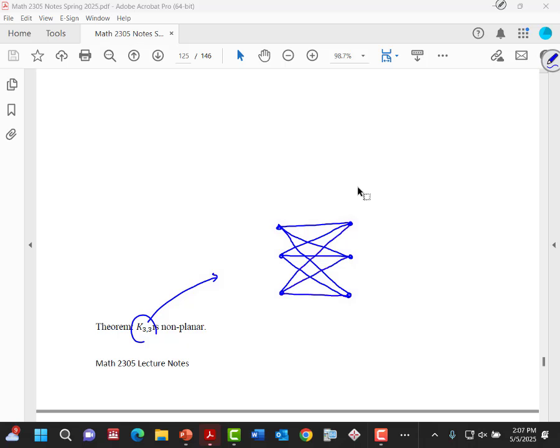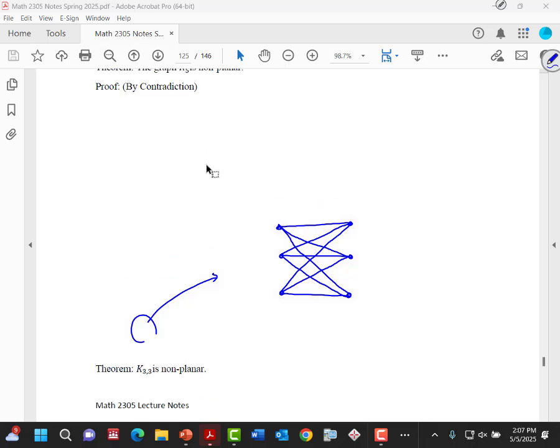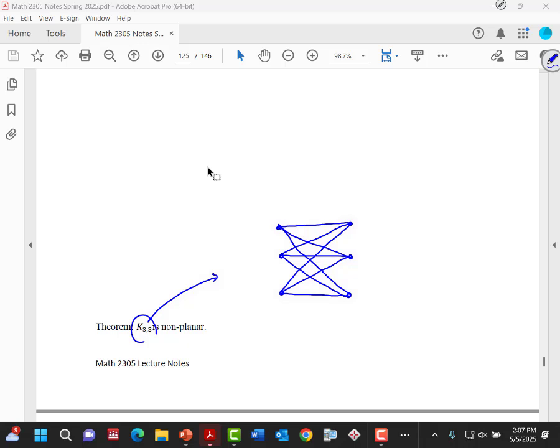This graph right here, K3,3, is also non-planar. If I wanted to prove it, I would do a very similar proof to proving K5 is non-planar. So that's going to conclude our discussion on planar graphs.